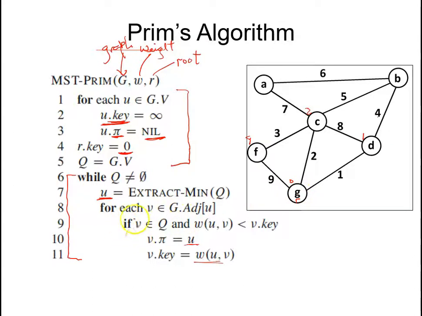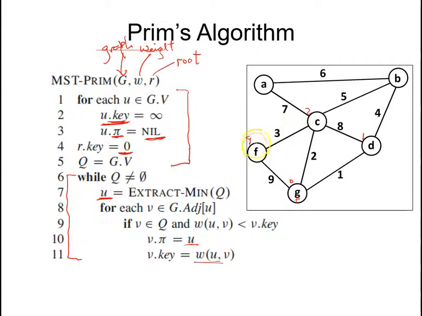And once we've done that, that is, we've gone through this for loop as many times as possible, we go back to line 6. We see that the Q is not empty. Okay? Right now, the Q has every vertex except this root vertex because we had extracted it from the Q. So we see that it's not empty, so we go to line 7 and we extract min. By extract min, we would look at all of the key values.